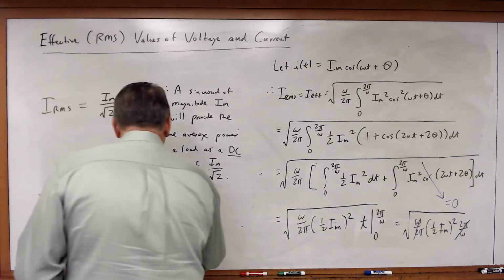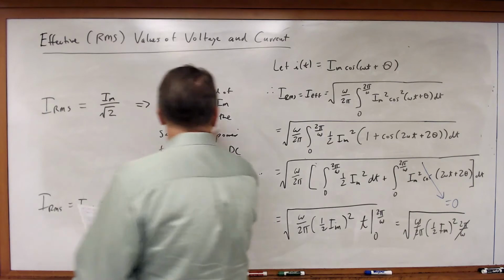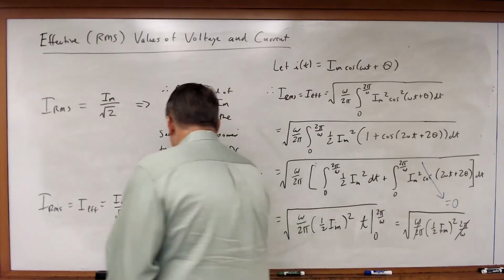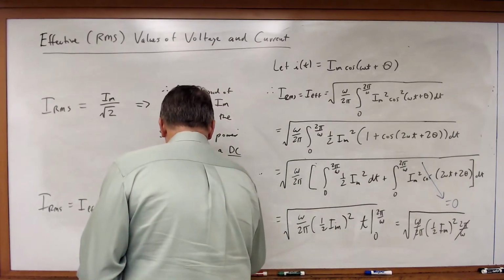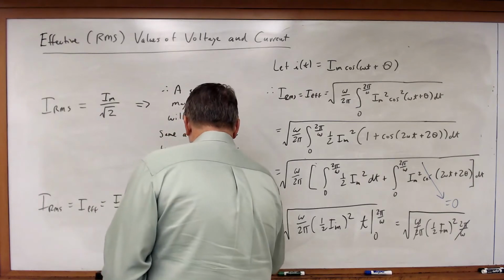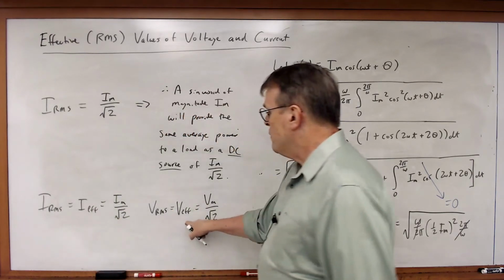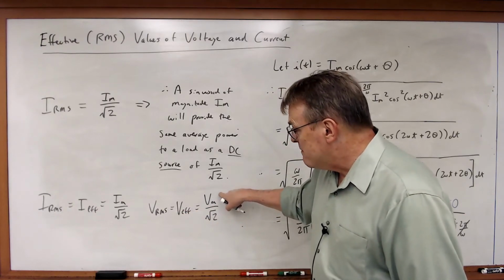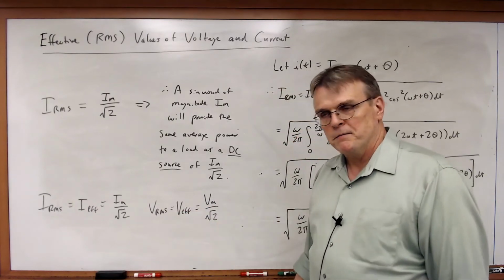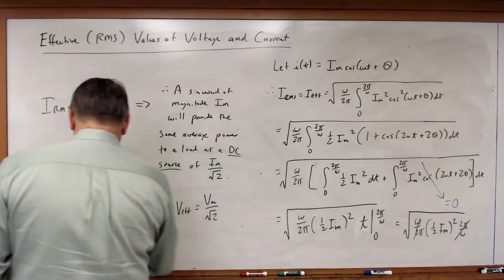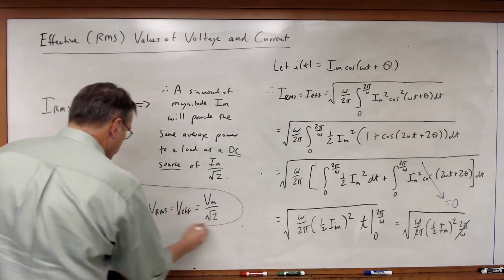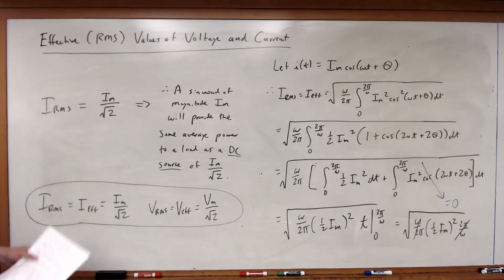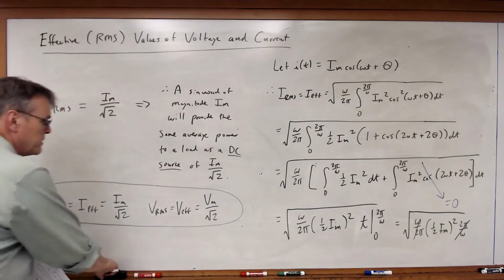We can also very easily, using the same type of math, prove that the effective voltage value works the same way. The effective value of voltage, or RMS value of voltage, is the same thing as Vm over the square root of 2. So here are RMS values. We also recall that this must be true.